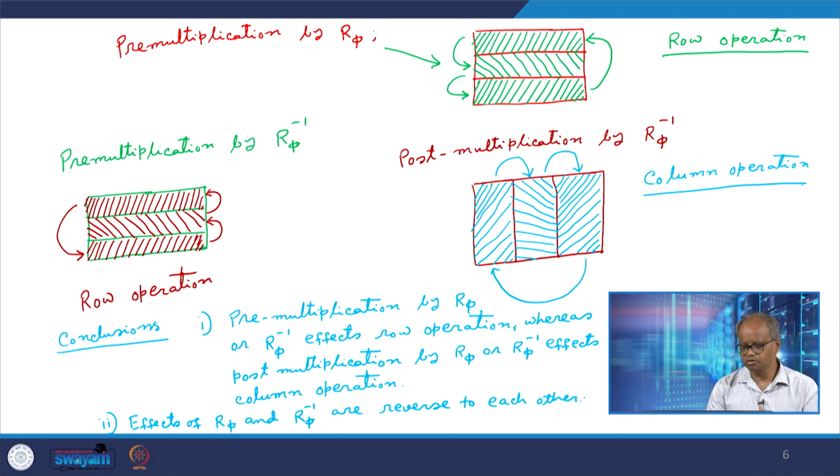This is a very important conclusion. So these two are very, very important conclusions: when we are doing pre-multiplication either by R phi or by R phi inverse, we are actually affecting row operation, whereas when we are doing post multiplication either by R phi or by R phi inverse, we are doing column operation, and the effect of R phi is essentially reverse to the effect of R phi inverse, whether it is a column operation or a row operation, right.